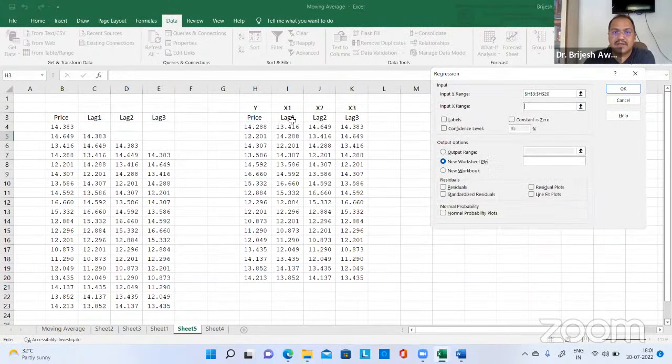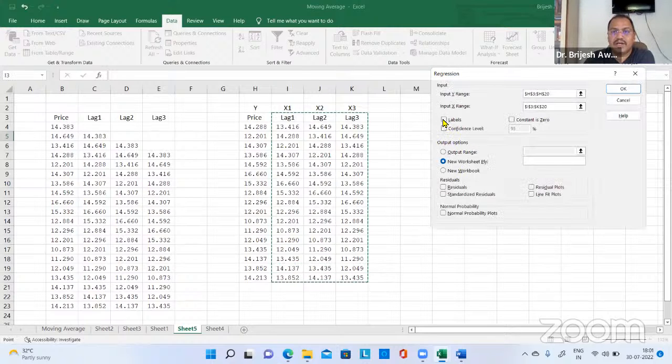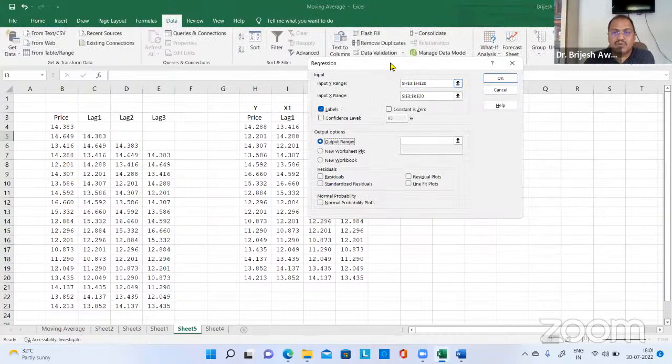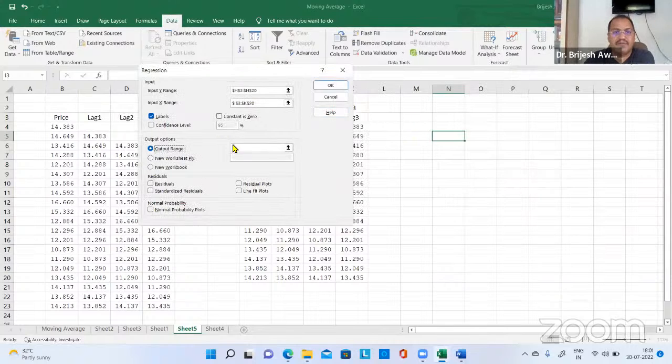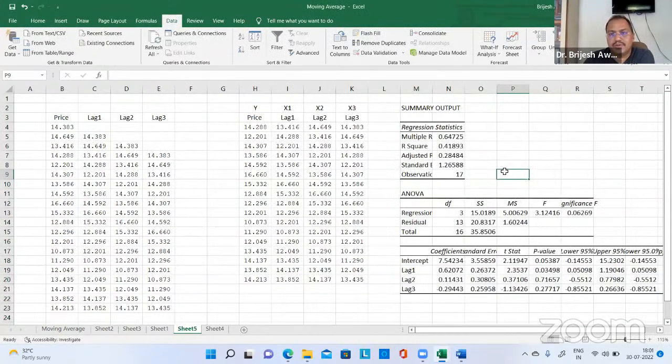Then the X series, this is my X series. Because we selected labels, check Labels. And confidence interval, output. I want to get output on the same sheet. Where will I get the output? At this point, and just click OK. You will get the output.